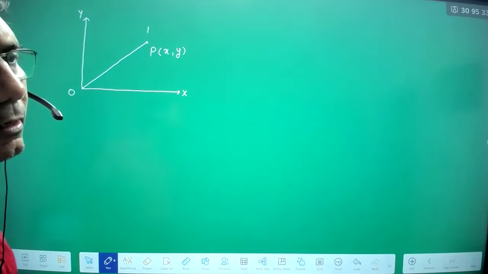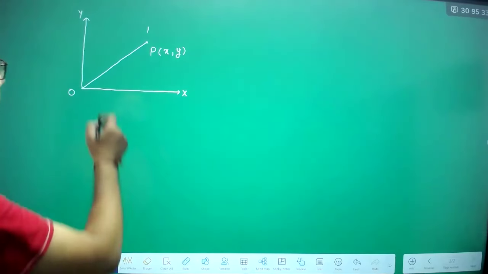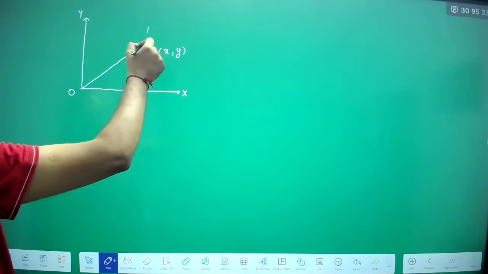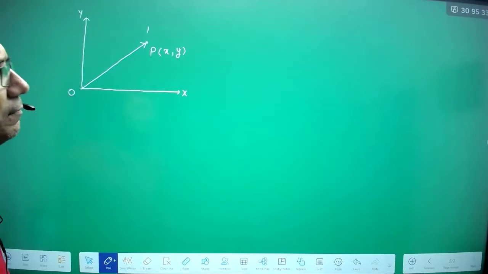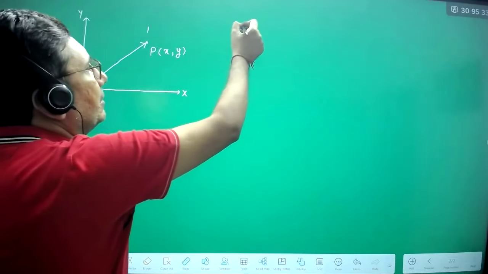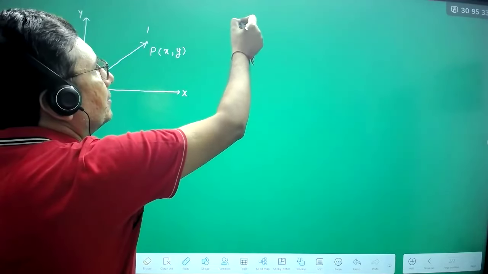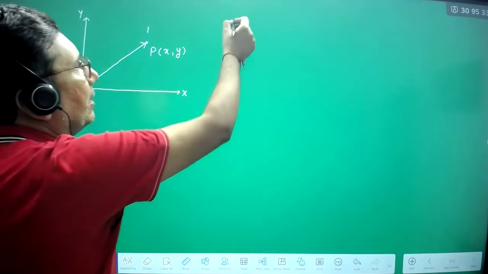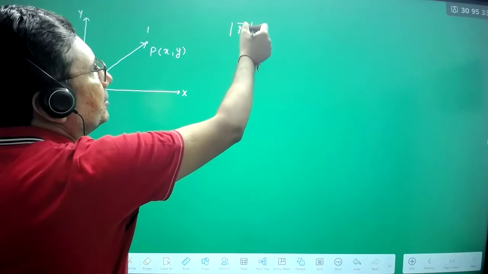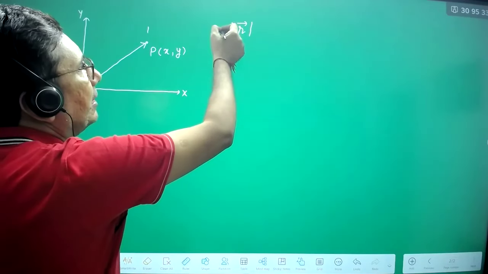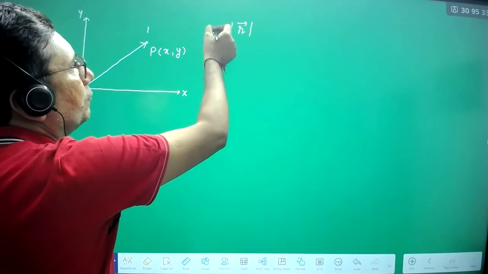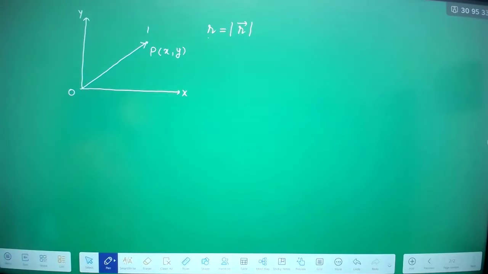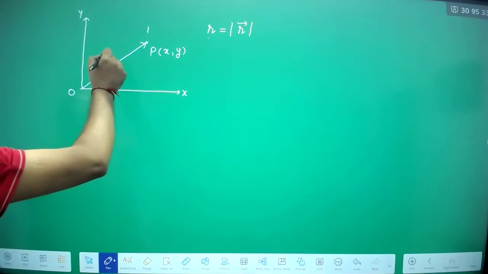Now, this is a position vector here, and the position vector is written as r vector. So what will be the magnitude of this position vector? The magnitude of the position vector we are going to represent by simple r. So if you are writing simple r, it means this is the magnitude of the position vector.